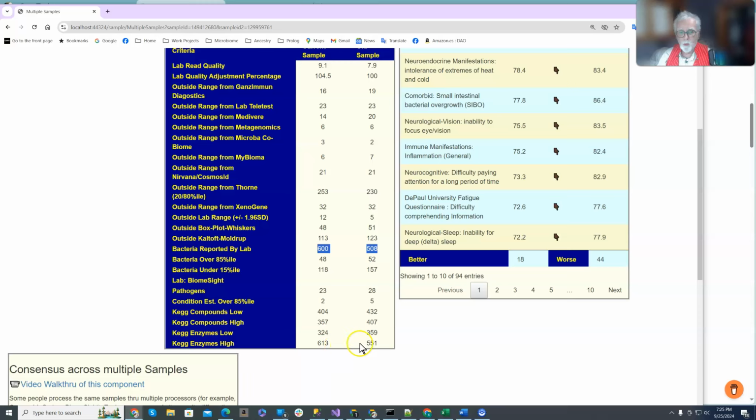The one where we don't have improvement, this one's 551, but 20% of 551 is about 110. So adding that, it's 663. That 663 is what we would expect. We have 613, so we are better off. So things have improved because of that.